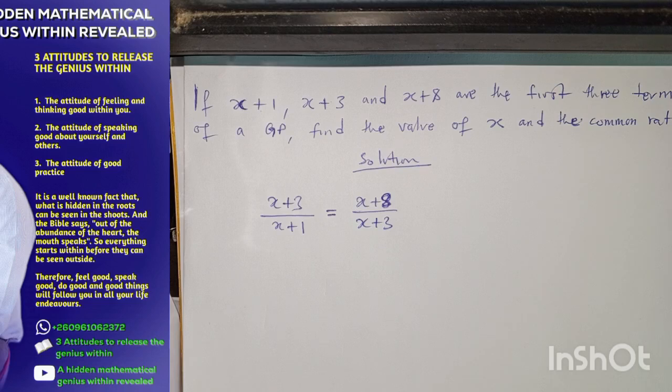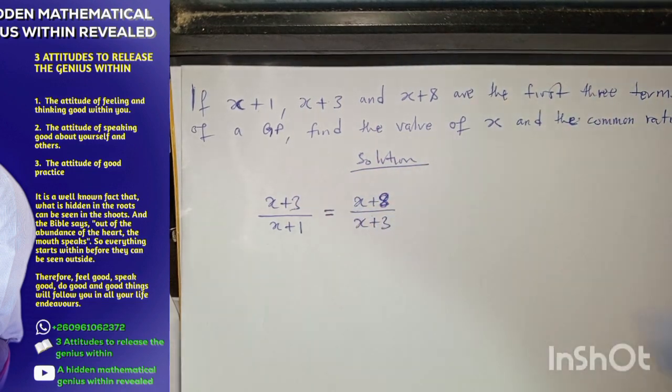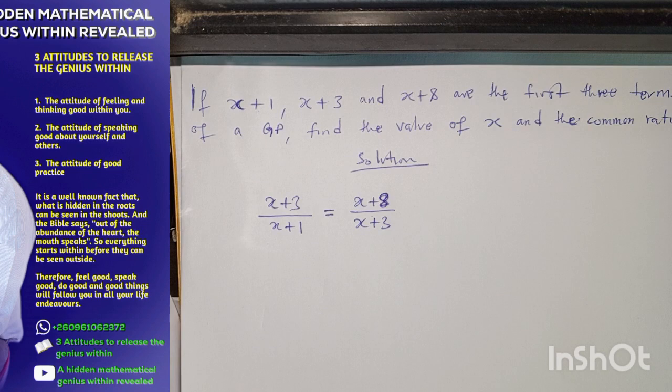Now we can simplify it. So how do you simplify it? We have two fractions and an equal sign in between. So the easiest way to simplify it, we are going to cross multiply.